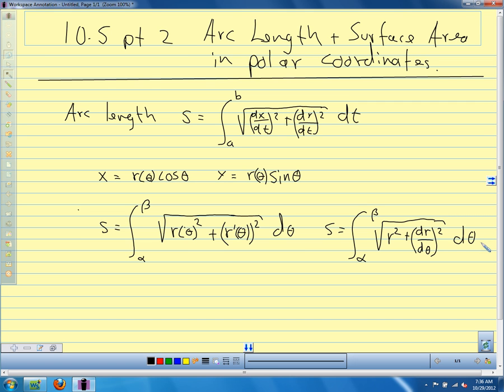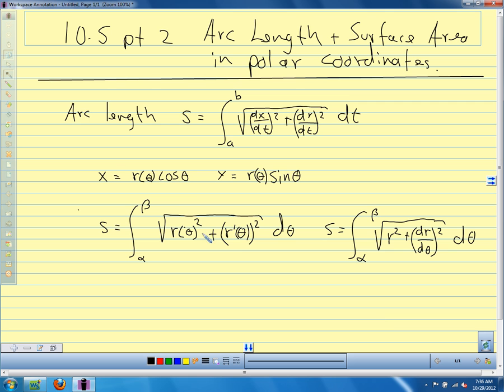Basically all we've done is plug these in here and simplify. Before I do an example, I want to talk about our areas of surface of revolution, and then we'll do an example.